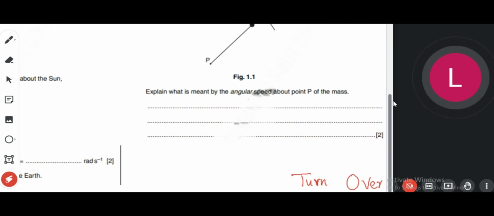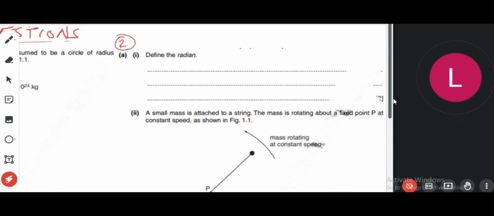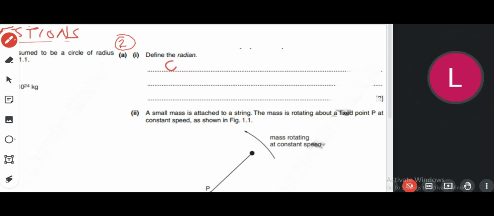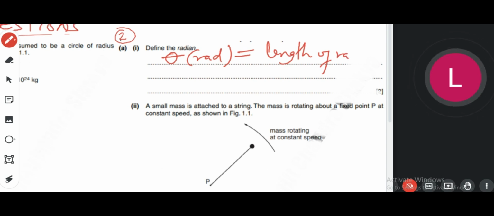Then another question is asking for the definition of a radian. By the way, a radian is defined as length of arc over radius. So theta in radians is basically the length of arc over radius, as we've already mentioned. Arc length over radius gives the radian measurement.